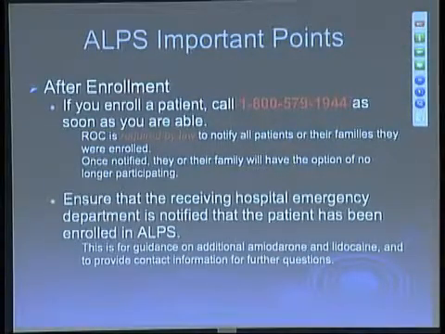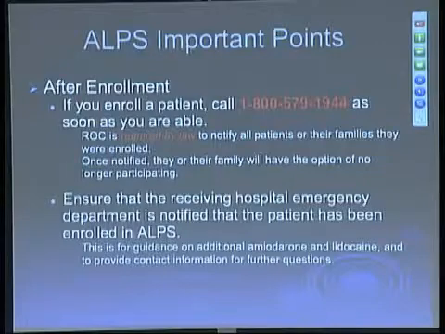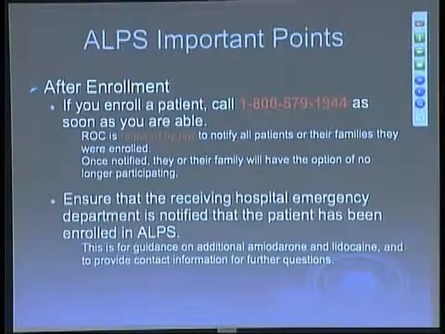The hospital emergency department should know the patient's enrolled in Alps. They don't know what to do with it beyond that point. They say Alps patient because they don't have to do anything more. They may question you about whether you know what you gave them, and of course, you can't tell them that. There's no logic that I can figure out that anyone would really need to know that in the hospital at that point anyway.